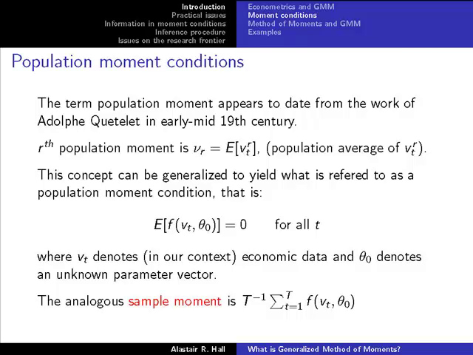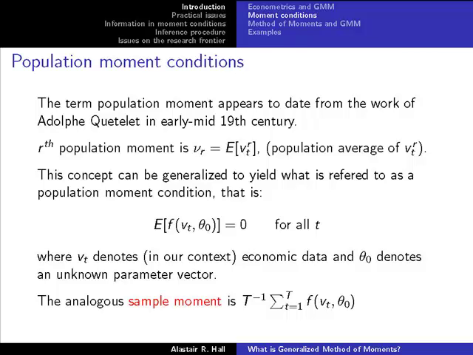The term population moment, as you're well aware, has been around in statistics for a long time, going back at least to the early to mid-19th century, where it was, I believe, introduced by Adolphe Quetelet, if I pronounced that correctly. He was interested in specifically what we would now call an Rth population moment, which we would write these days, as on the slide, as an expected value.